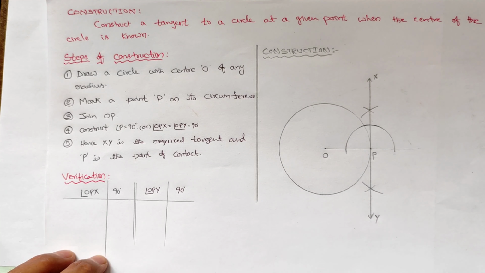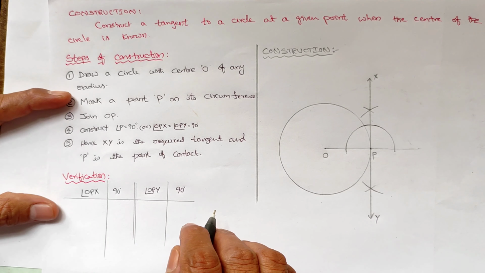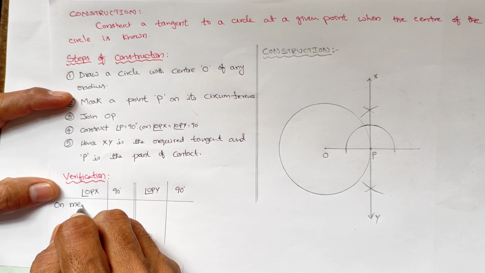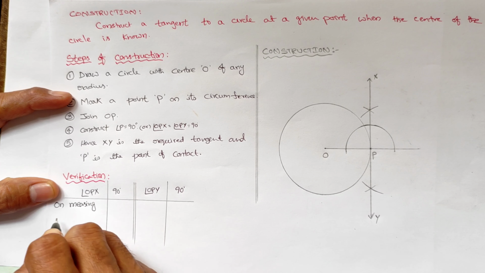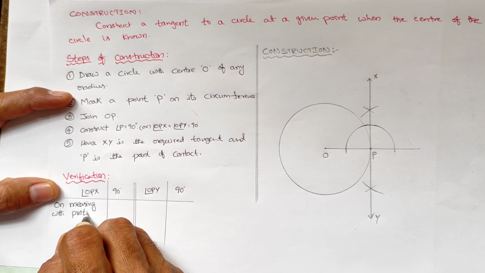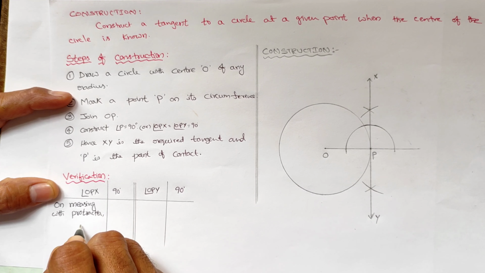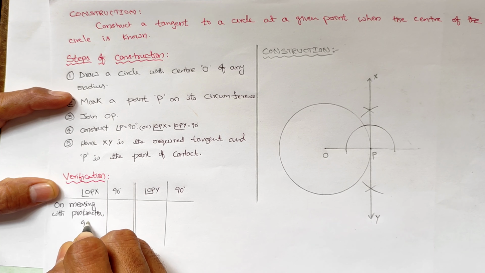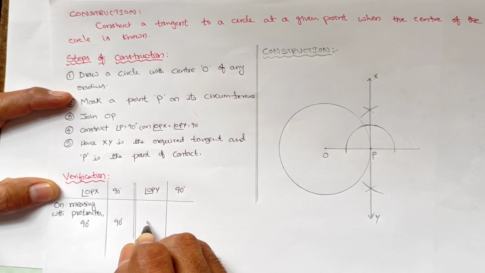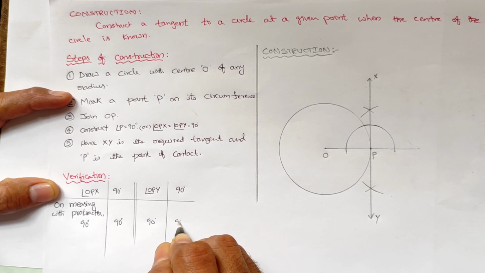So let us mention it: angle OPX on measuring with a protractor, we got angle OPX as 90 degrees. The value should be 90 degrees. Similarly angle OPY we got 90 degrees, and we need the value 90 degrees.